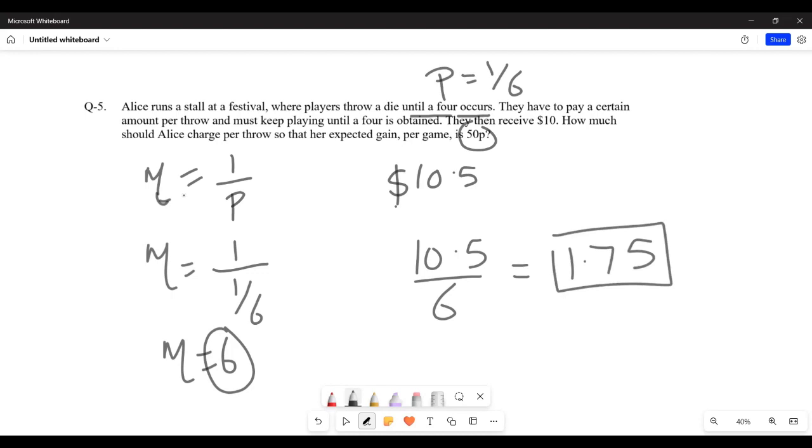So if she charges 1.75 per throw, then by the 6th throw, she would have a gain of $10, which is a gain of 50 pence, that is half a dollar.